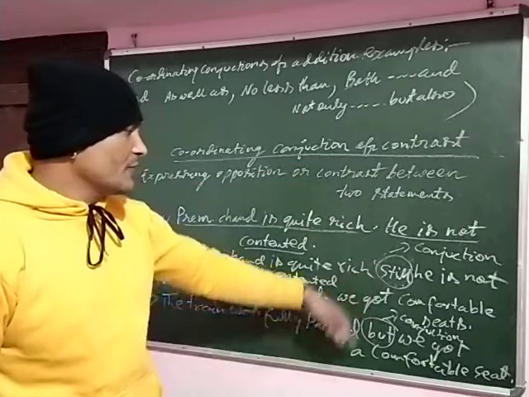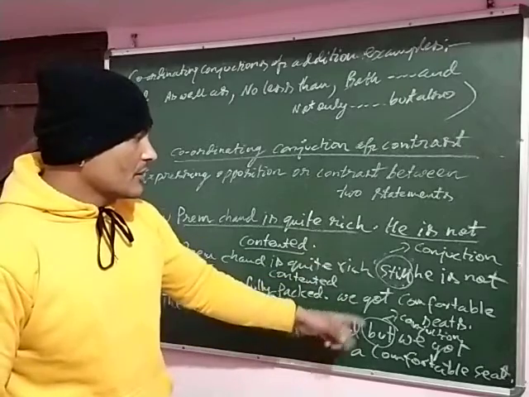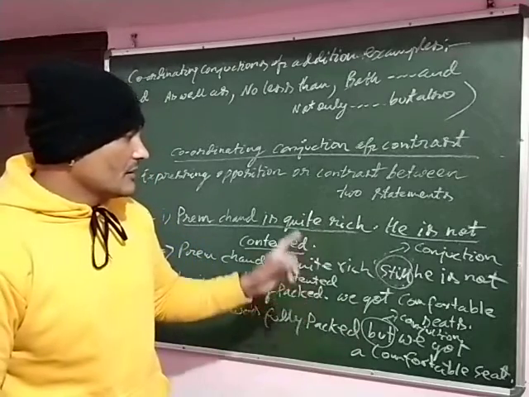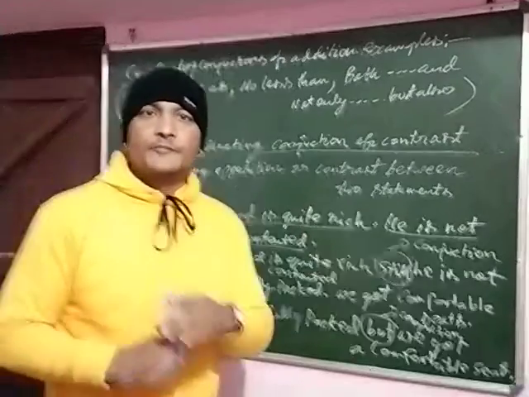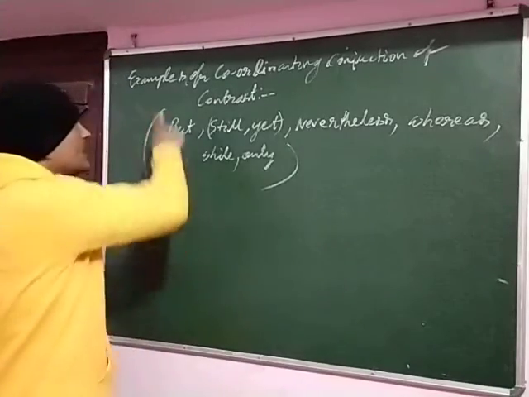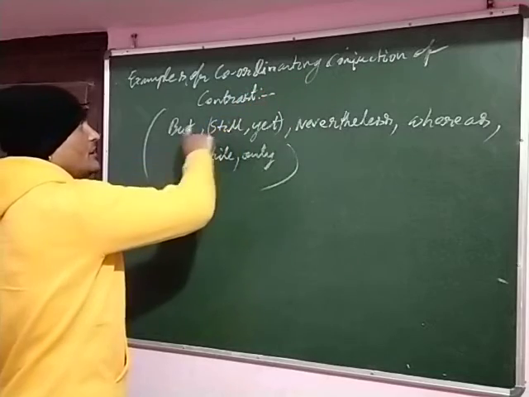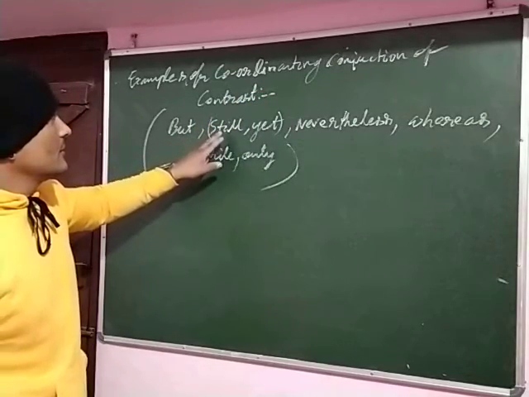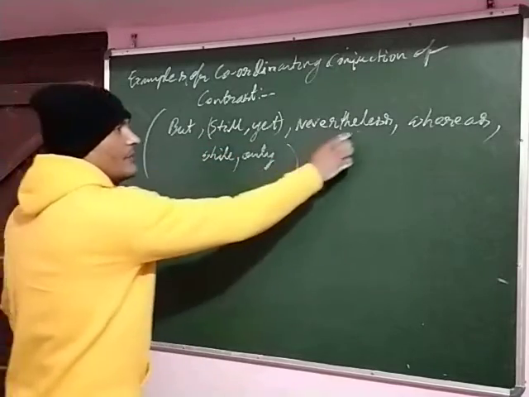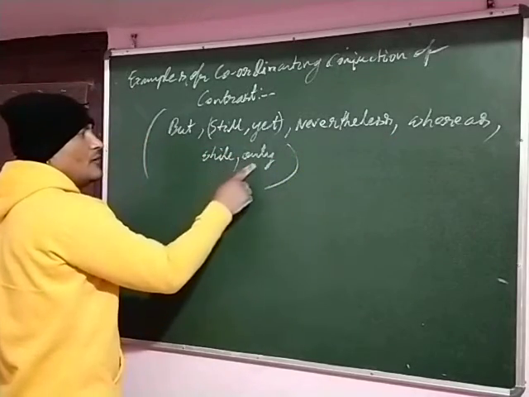So in this way we have to use it if a statement is in a contrast form. These are some examples of coordinating conjunctions of contrast: but, still, yet, nevertheless, whereas, while, only.